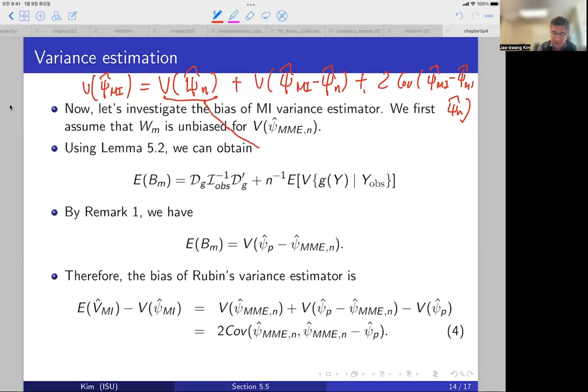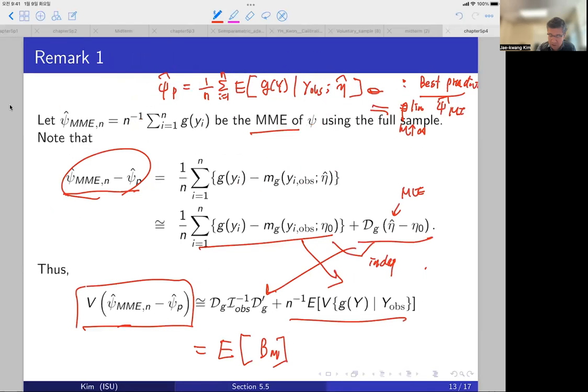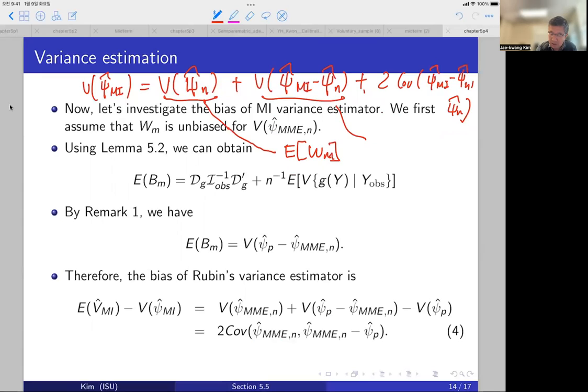This is estimated by the expectation of W_N, and this is equal to B_M by Lemma 5.1. This is not 0, so this is actually the bias of the variance of MI.